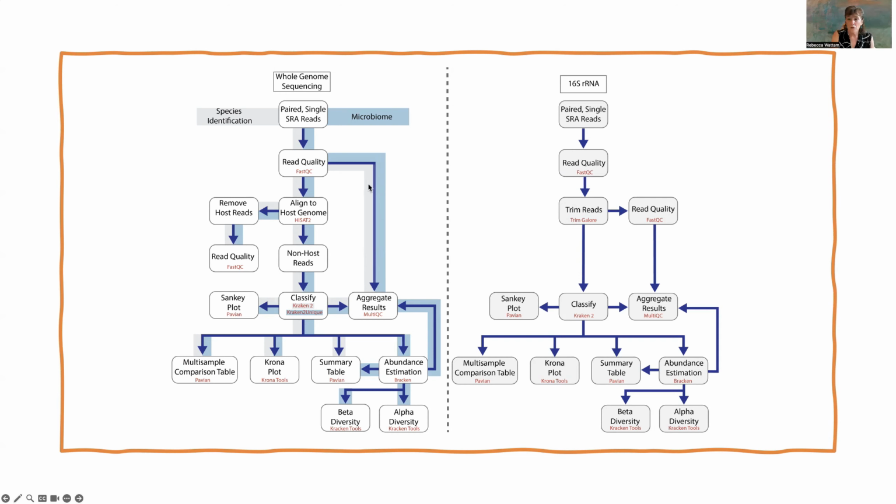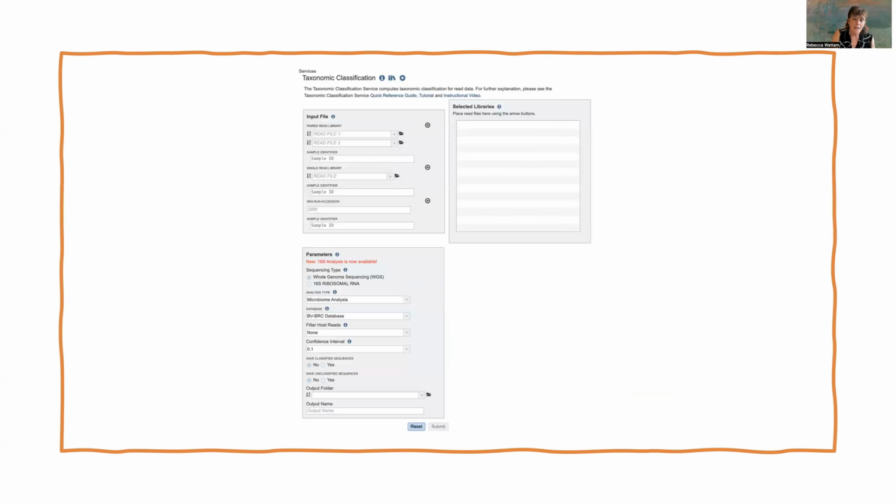If you're doing microbiome or RNA-seq, you also get an abundance estimation that builds into the MultiQC report, but it also provides you with alpha and beta diversity statistics. So this is what it looks like. The landing page for the job at BV-BRC with your input file, the selected libraries file, and the parameters where you make all your decisions.